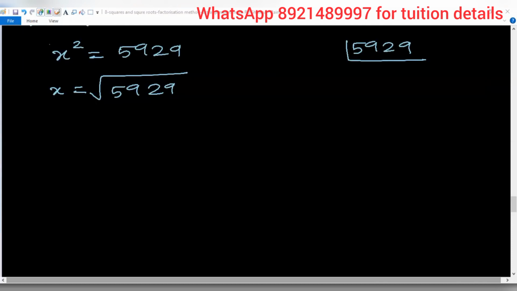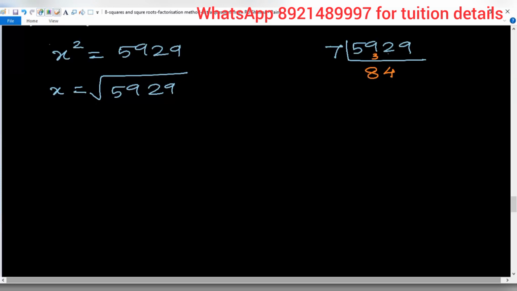When we check the other numbers, we will find that it is divisible by 7. 5929 is divisible by 7. In 59, 8 times 7, 56. So 3 is left here, 32. In 32, we have 7 into 4, 28.